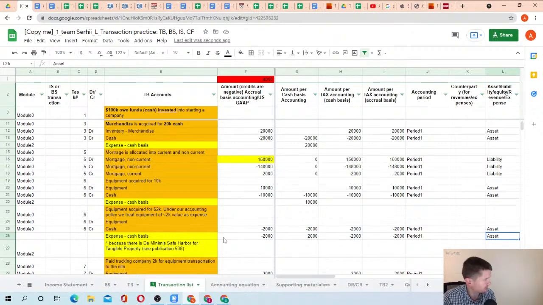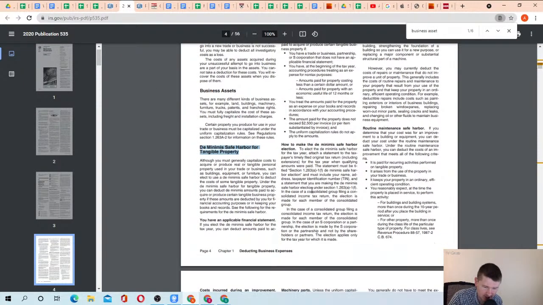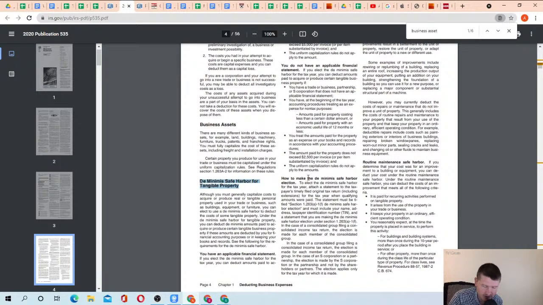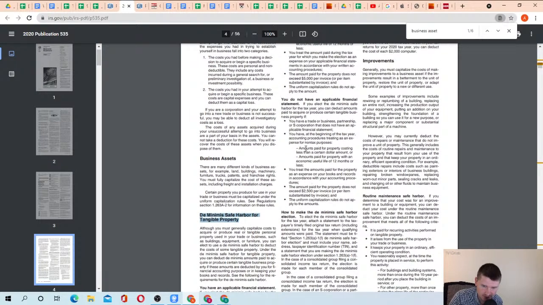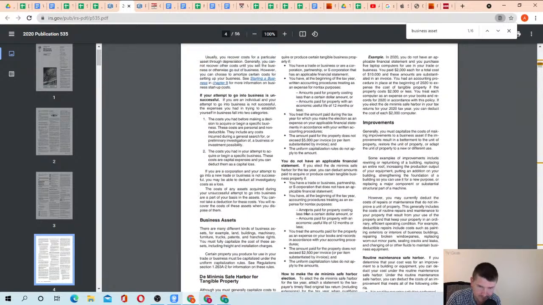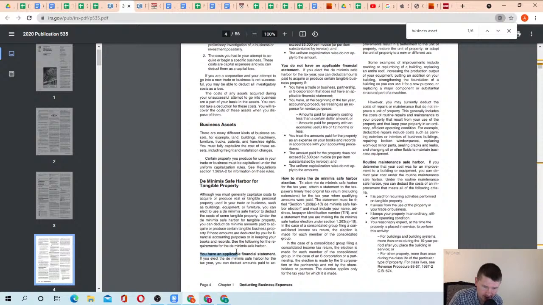So you need to meet just a couple of criteria to be able to meet that threshold. So let's look at the 2,500. They have a condition here that you have an applicable financial statement. And I cannot really tell you right now how to meet that criteria.